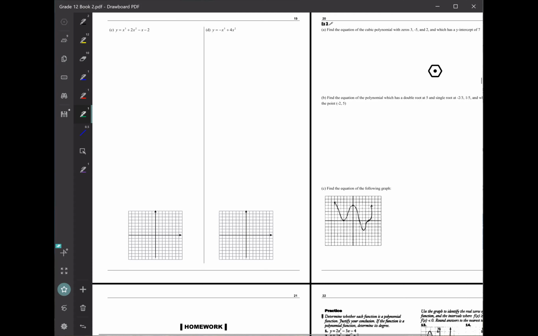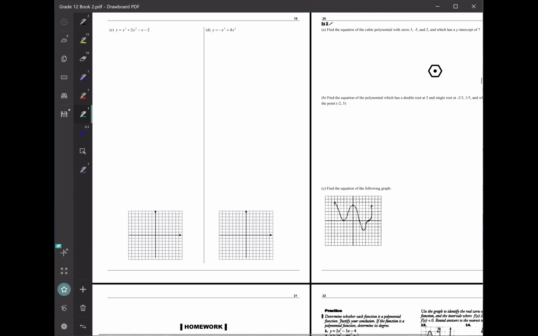Eric, your turn. Even positive 1 and 2, even negative 3 and 4, odd positive 1 and 3, odd negative 2 and 4. Very good. Cindy. Even positive 1 and 2, even negative 3 and 4, odd positive 1 and 3, and odd negative 2 and 4. Very good. Tiana.